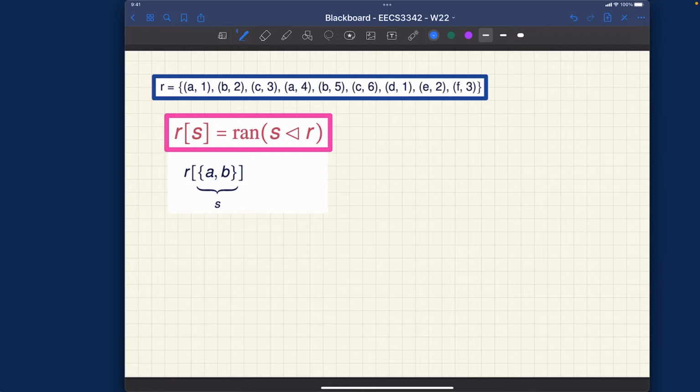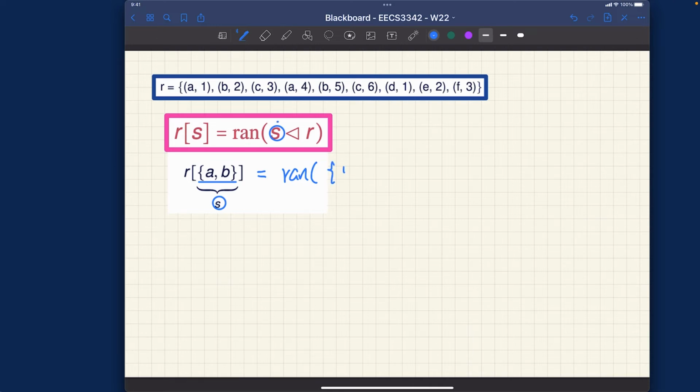Okay, what we'll do is, so this is going to be equal to, right? By the way, this particular set over here that we want to calculate the image over is the S over here, right? And according to the definition, it's going to be the range of some relation over here, right? And it's going to be S, which will be AB.